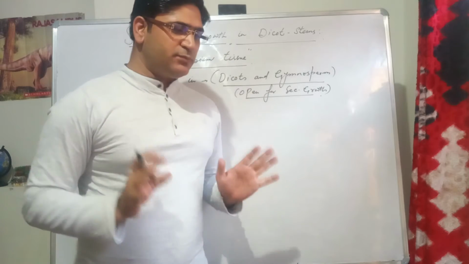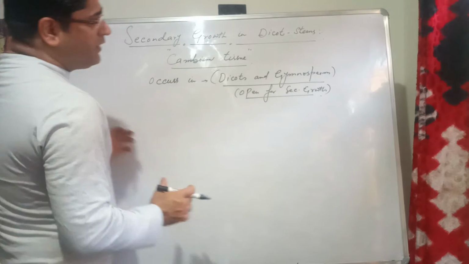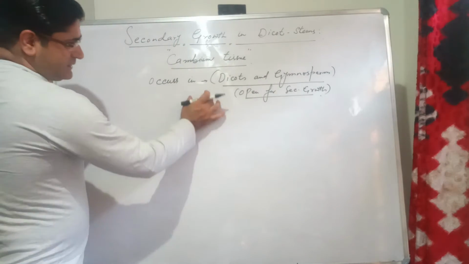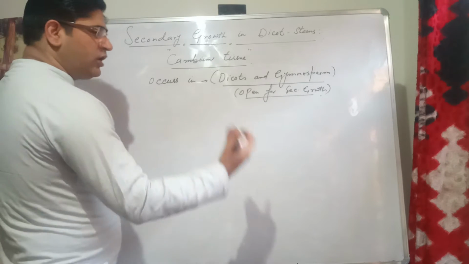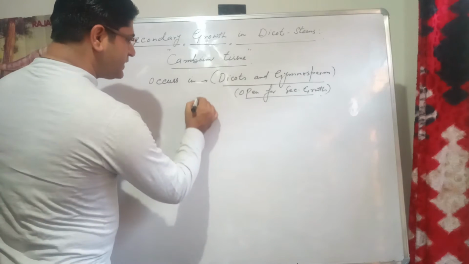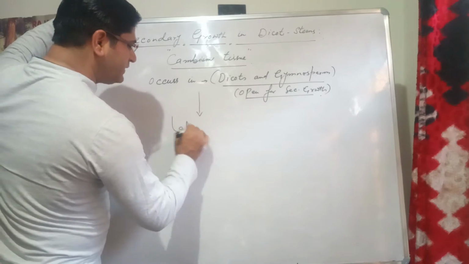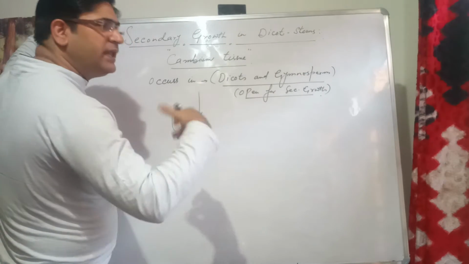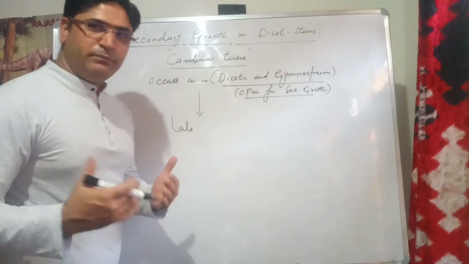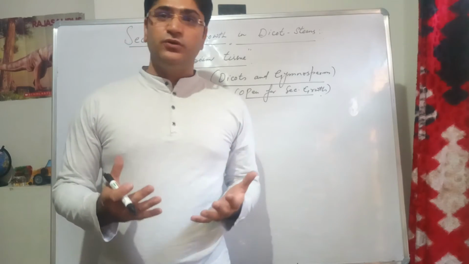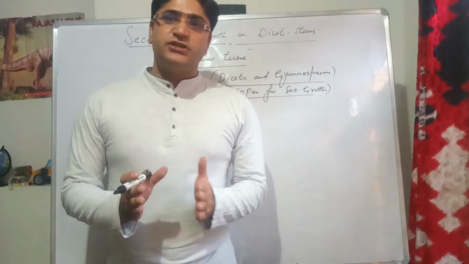Remember this point. Secondary growth occurs at a later, lateral stage in plants, not in the primary growth. Primary growth is the initial growth of the plant.